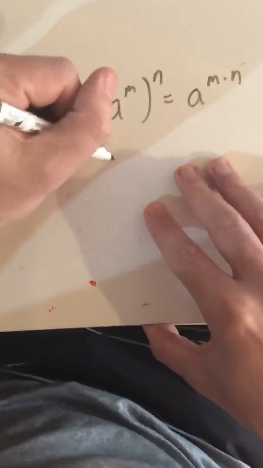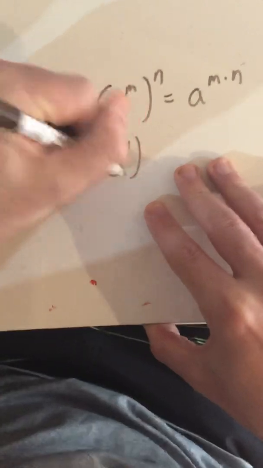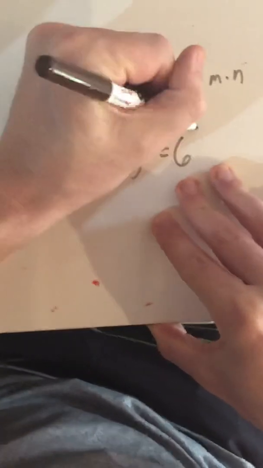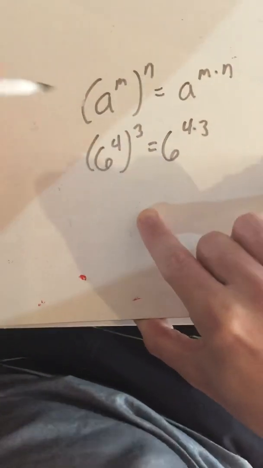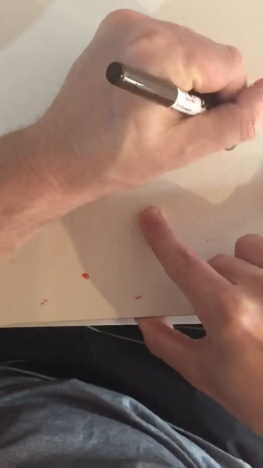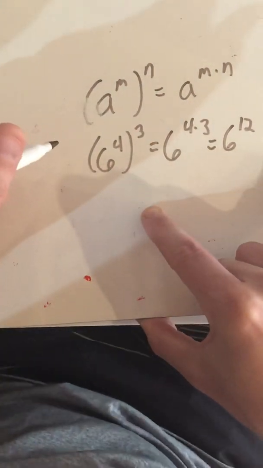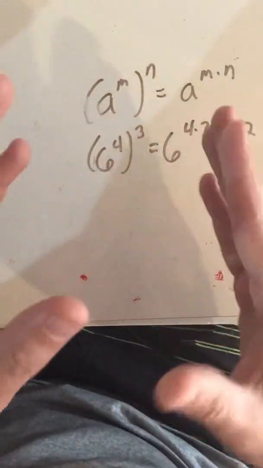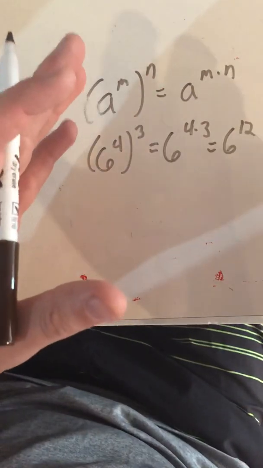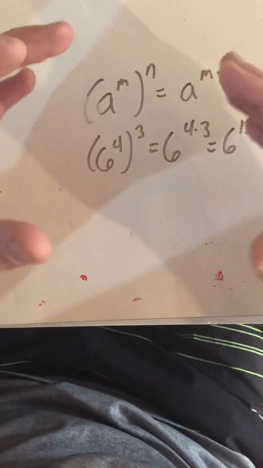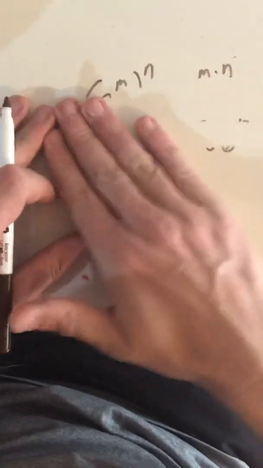So if I had 6 to the 4th to the 3rd power, I would be taking 6 to the 4 times 3, which would be the same thing as 6 to the 12th. And that one right there is product of powers. So if you've got the parentheses and you have something on the inside and something on the outside, you're going to multiply the inside exponent with the outside exponent, keep the base the same.